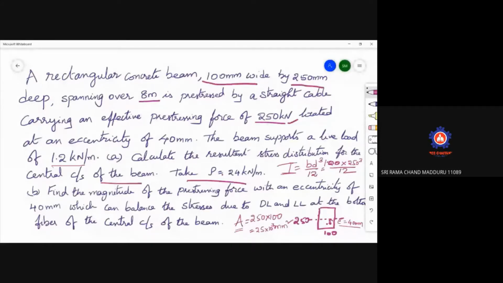So what is the value of I here? 130.20 into 10 power 6 mm power 4. Right now, due to the space constraint, I am deleting all this data.